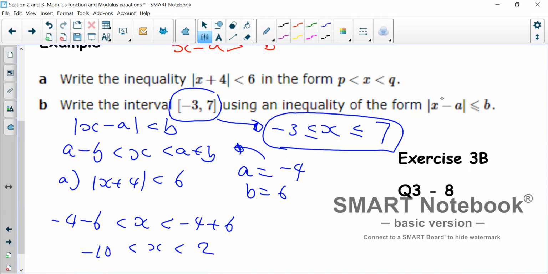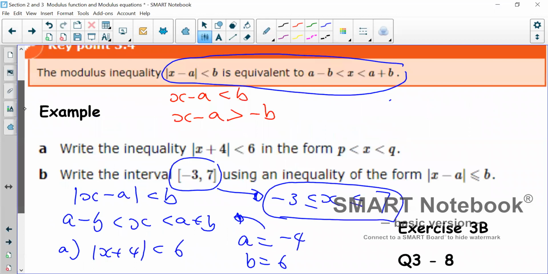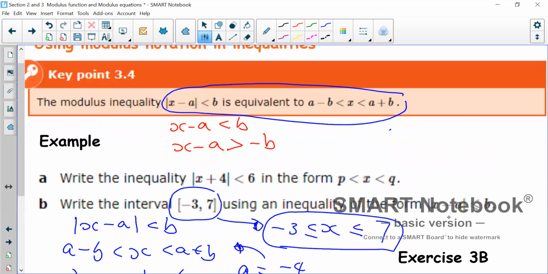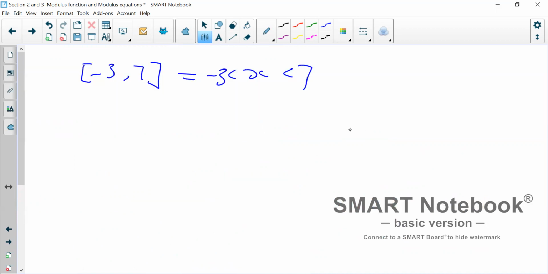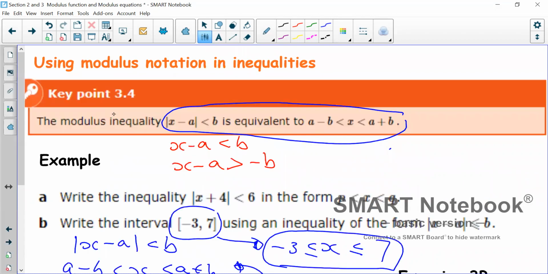Okay, so really we have to identify our a and b. So by looking at the formula, here I have the equal sign, so we can basically put the equal sign into our inequality.